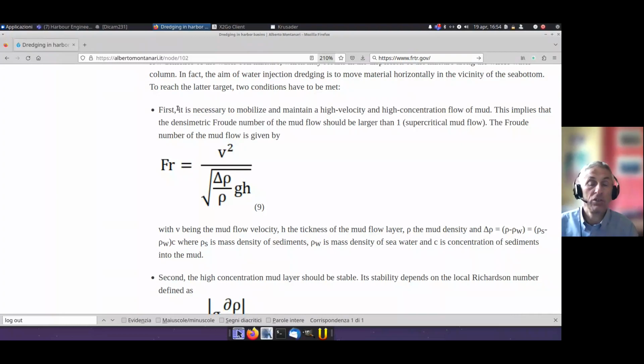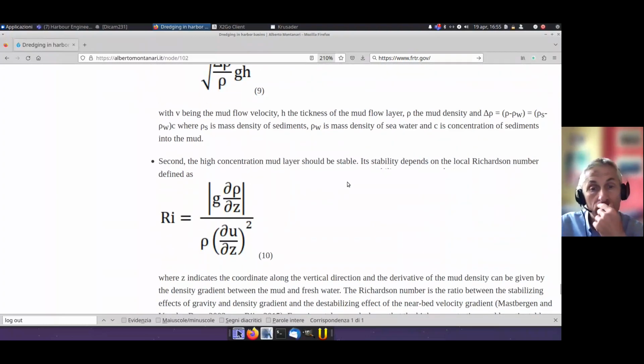The Froude number of the mud flow is given by the relationship that you see here, with V being the mud flow velocity, H the thickness of the mud flow, ρ the mud density, and Δρ is given by (ρs − ρw) times C, where ρs is the mass density of sediments, ρw is the mass density of seawater, and C is the concentration of sediments.